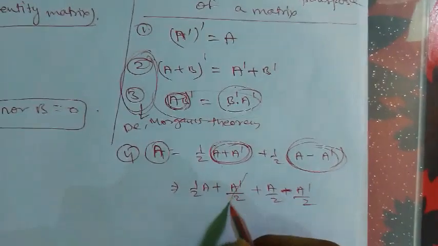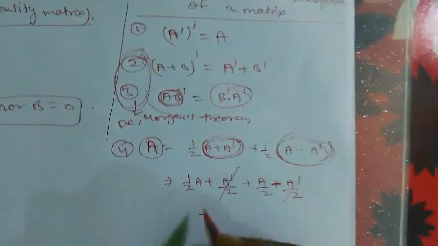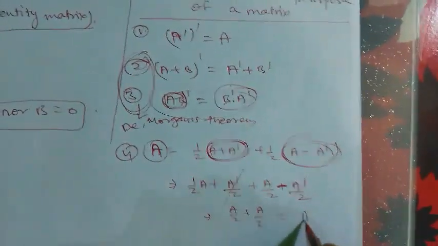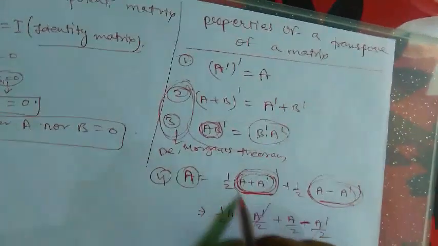Here the A transpose upon 2 terms, with plus and minus, cancel out, and we find A by 2 plus A by 2, which is also equal to A. So this is the symmetric part and this is the skew-symmetric part, a sum of symmetric and skew-symmetric matrices.